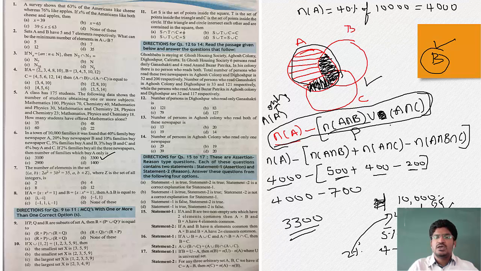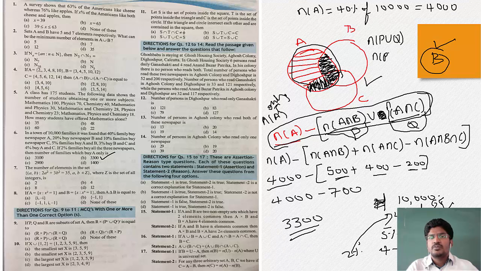So, for example, this is P and this is Q, this is n of A intersection C. So, P union Q, n of P union n of Q is what? Do not get confused. See, this is n of P. If I take this as n of P, if I take this as n of Q, so you are going to have the formula of n of P union Q, that is nothing but n of P plus n of Q minus n of P intersection Q. That is what I have written here.